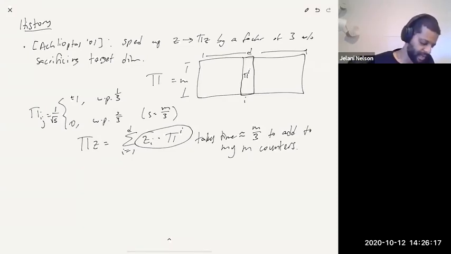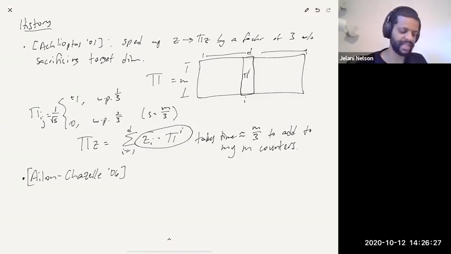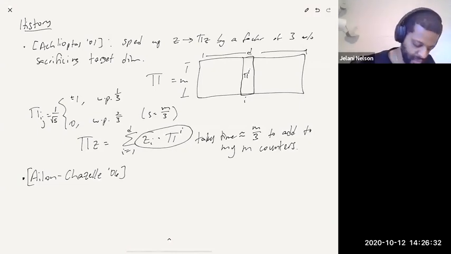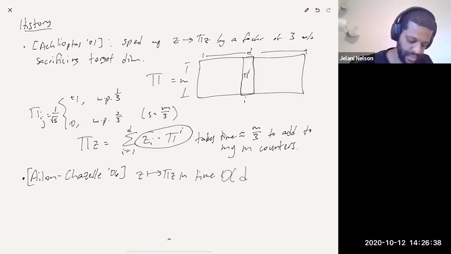And after him, there were Ailon and Chazelle in 2006. And they were the first to give an actual asymptotic improvement. So they could map z to pi z in time O of d log d plus m cubed.